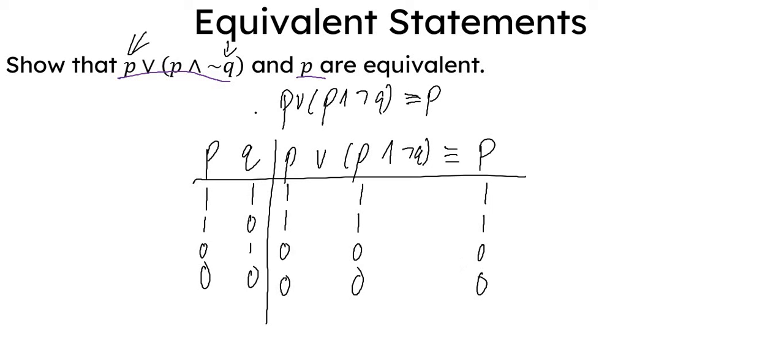For the not Q, I'll base it here. So now I would have 0, 1, 0, 1.